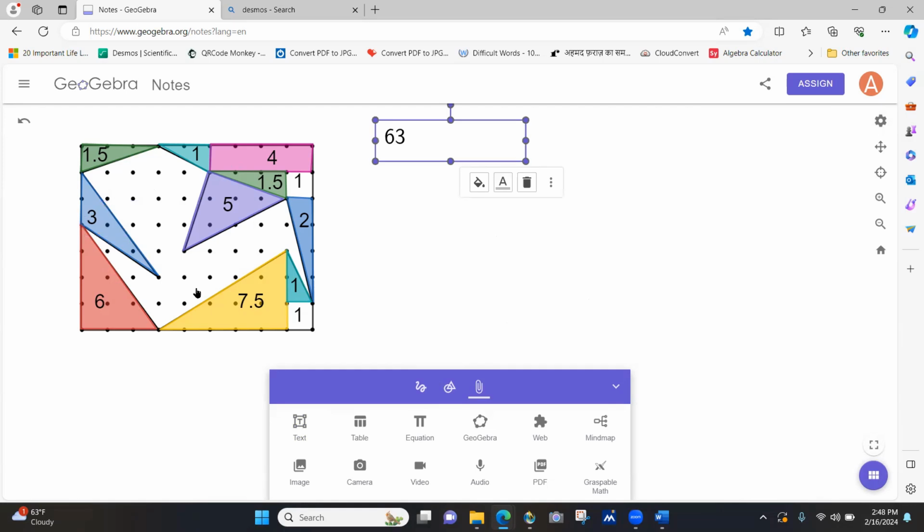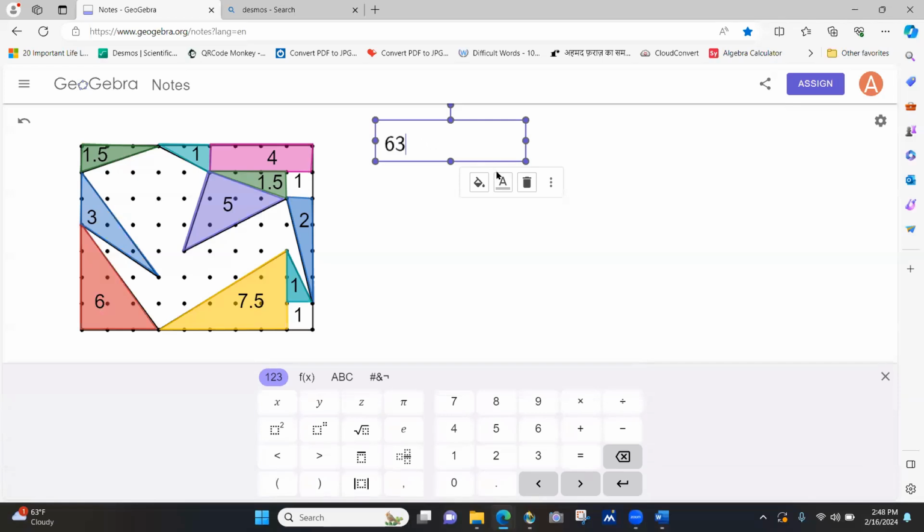The original rectangle that contains everything has an area of 63. Let's do it once again. 1, 2, 3, 4, 5, 6, 7. 1, 2, 3, 4, 5, 6, 7, 8, 9, 63. Let's carefully subtract the things from around my polygon.